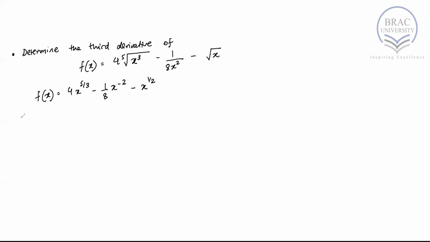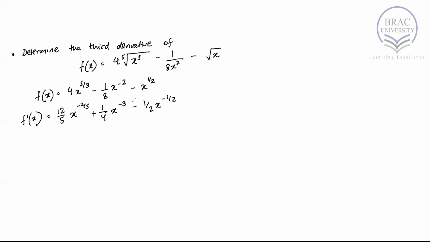So for the first derivative, we just simply again use the rule of differentiating powers, and what we get is 12 by 5 x to the power of minus 2 by 5 minus, so this minus comes to the front, so we get plus 1 by 4 x to the power of minus 3 minus half x to the power of minus half.